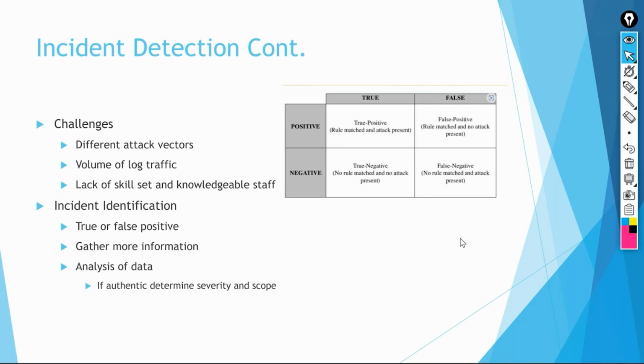So we need to have a proper clipping level to reduce the volume of log traffic. Rather than maintaining the quantity, we need to capture the quality of logs, which can be used by the SOC analysts to investigate the incident. One of the biggest challenges when we are talking about incident investigation is the lack of skill set and knowledgeable staff.